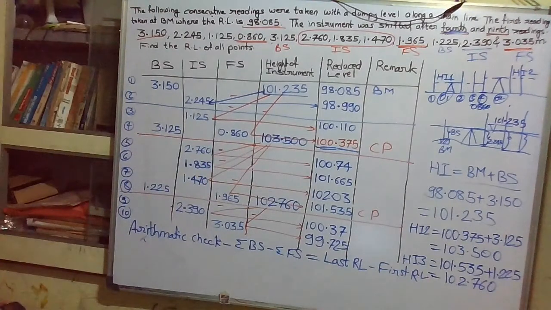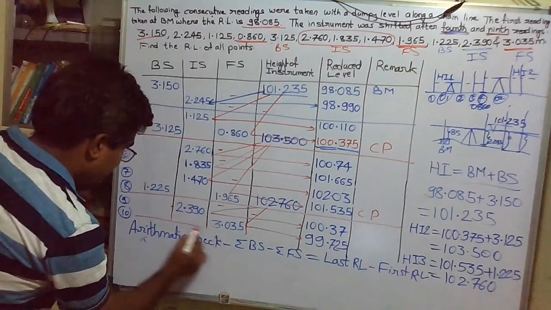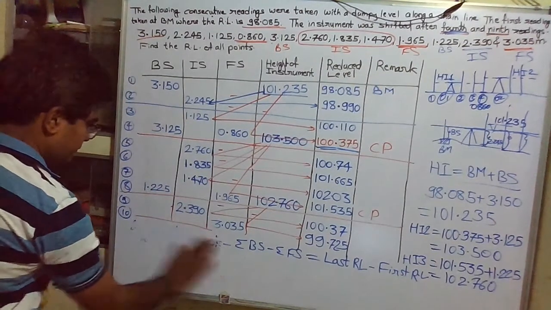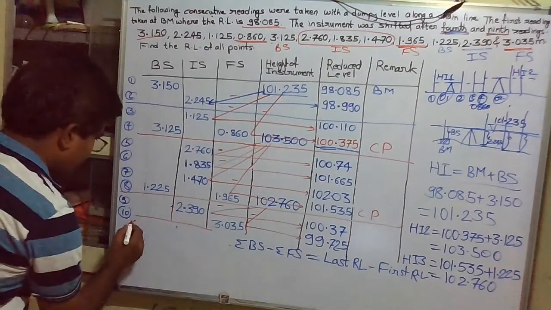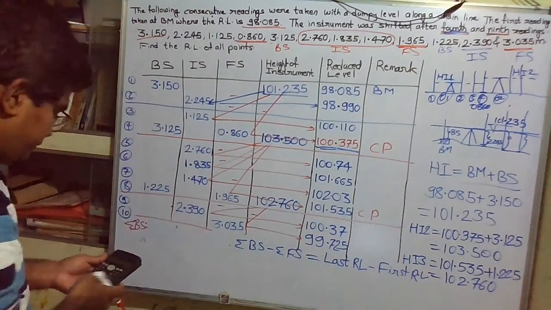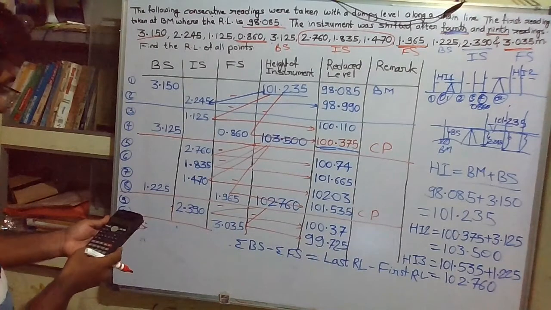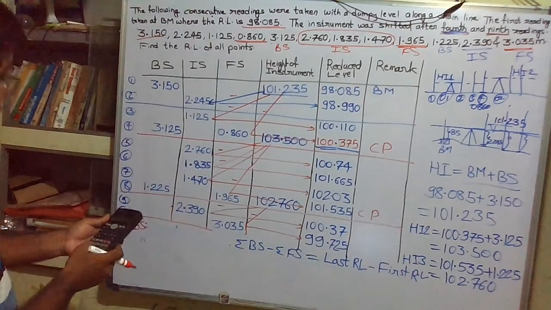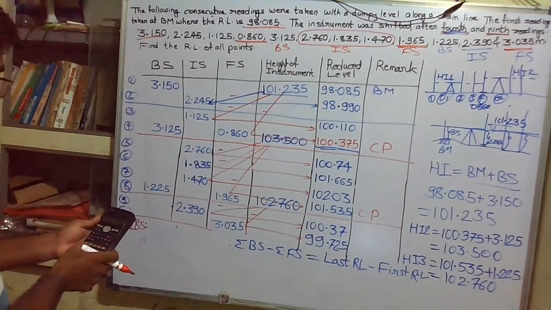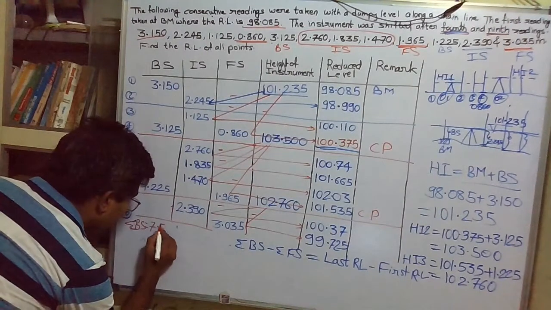So what is the summation of backside? Here we can calculate it: 3.15 plus 3.125 plus 1.225. The summation of backside comes to 7.5.